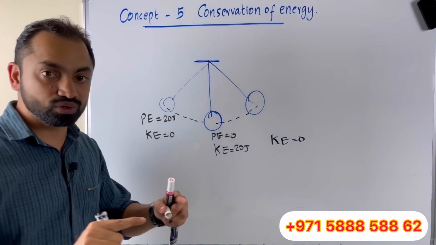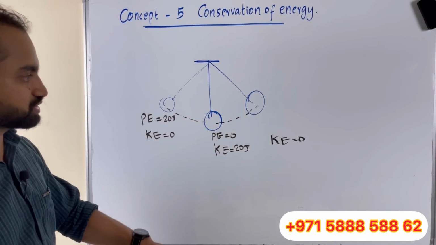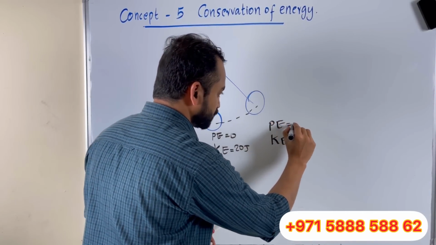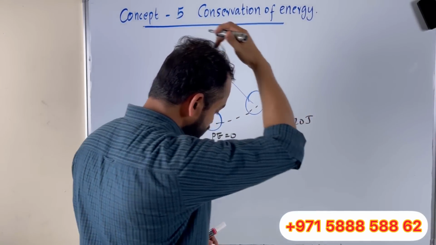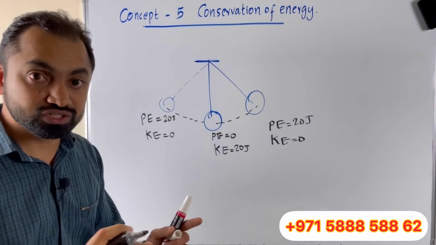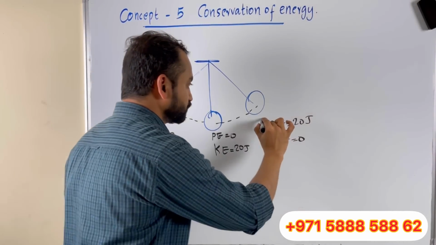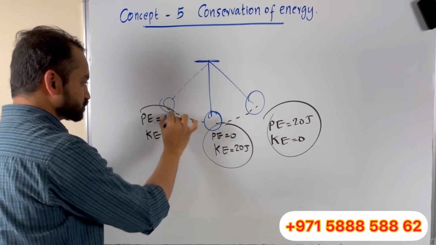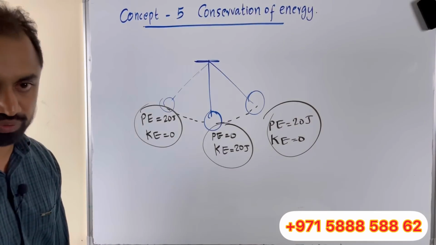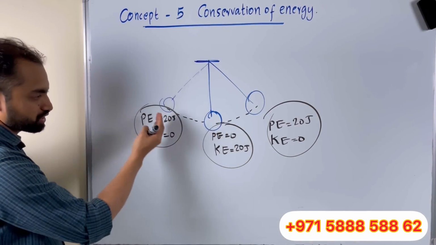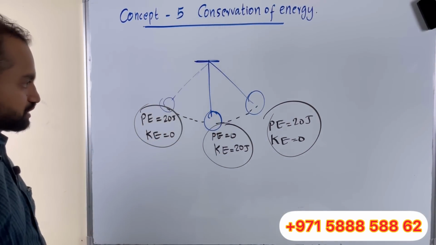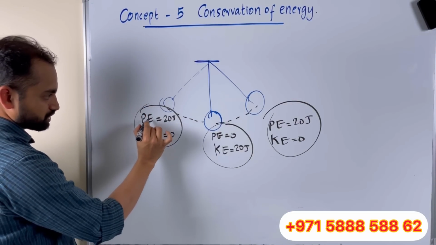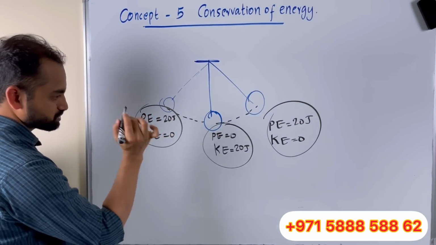Then according to the law of conservation of mechanical energy, the potential energy must be equal to 20 joule. The mechanical energy must be conserved, meaning the sum of potential energy and kinetic energy in these three positions must be equal to 20 joule, because its initial mechanical energy was 20 joule, 20 plus 0.